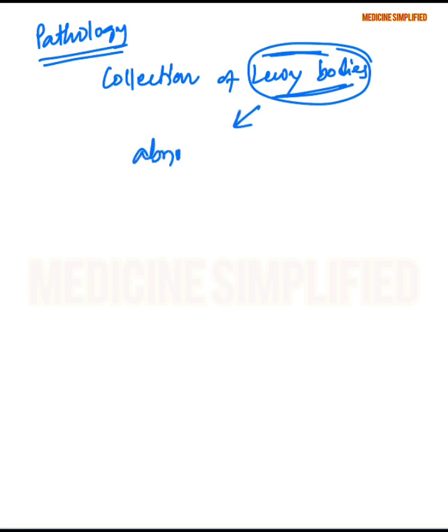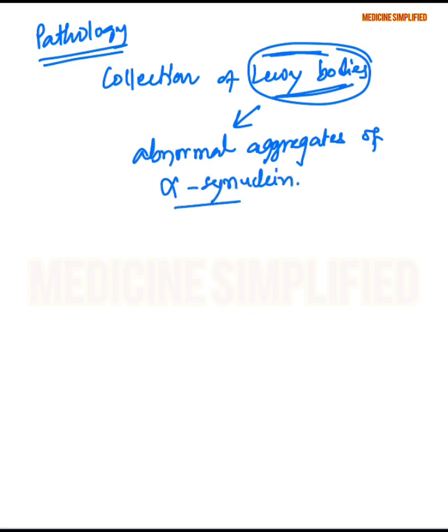It is an abnormal aggregate of alpha synuclein. Yes, this is enough for you in theory. The collection of Lewy bodies, and Lewy bodies are abnormal aggregates of alpha synuclein.